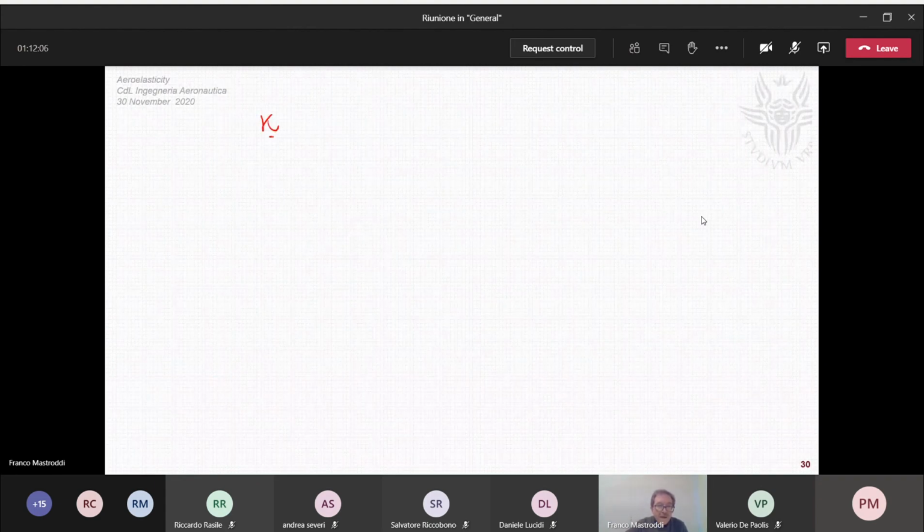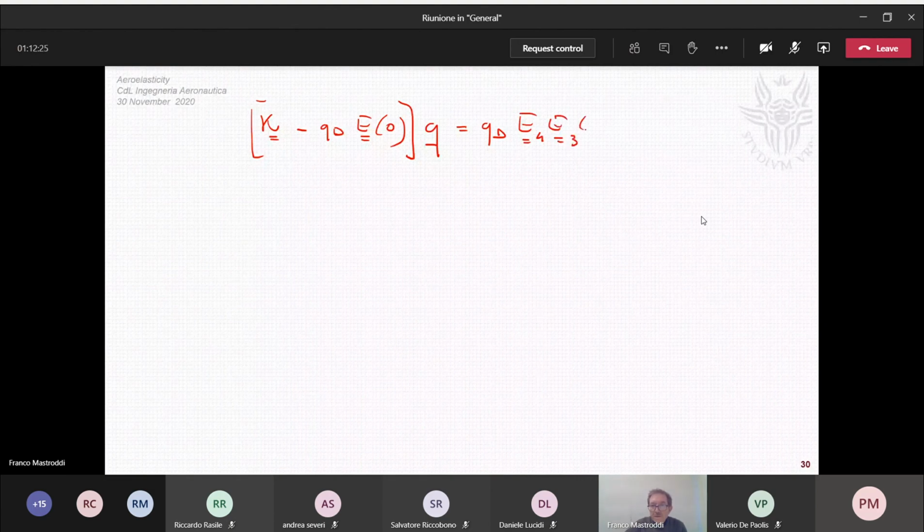I have K minus dynamic pressure, aerodynamic matrix at zero frequency, on q, and I have a right-hand side given by, again, dynamic pressure, E4 matrix, E3 matrix, 0, E2 matrix at zero frequency, and then we have an F0 vector, k0 vector, plus alpha F k1 vector, okay?